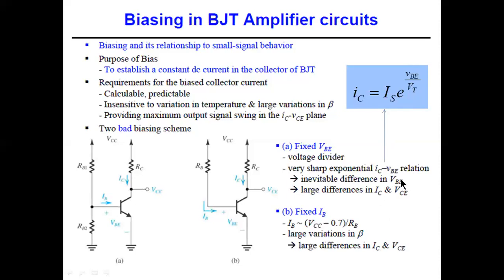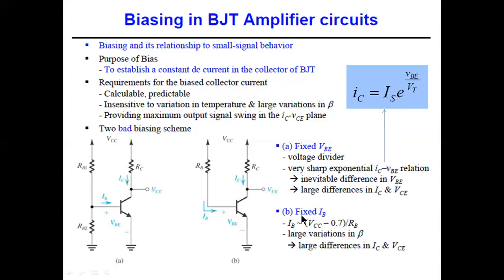Even though there are variations in VBE, IC should not change. But here, because it is exponential, we see that when VBE changes, IC also changes. So this is a bad biasing scheme.